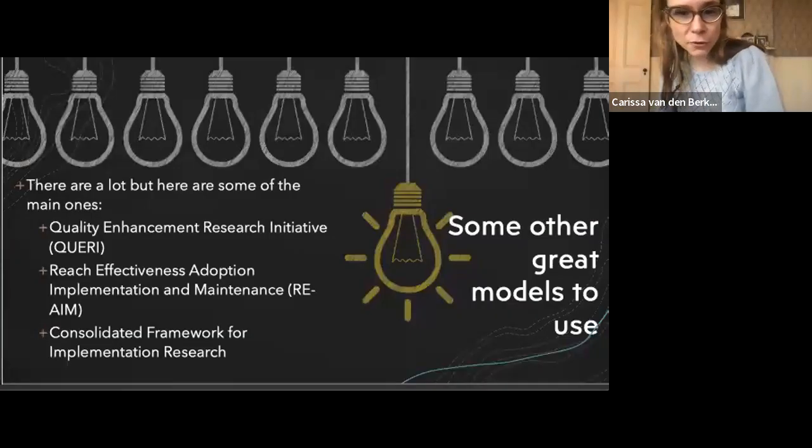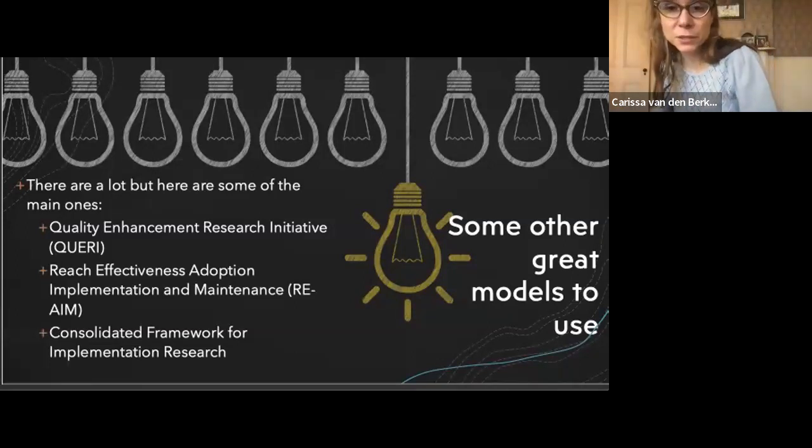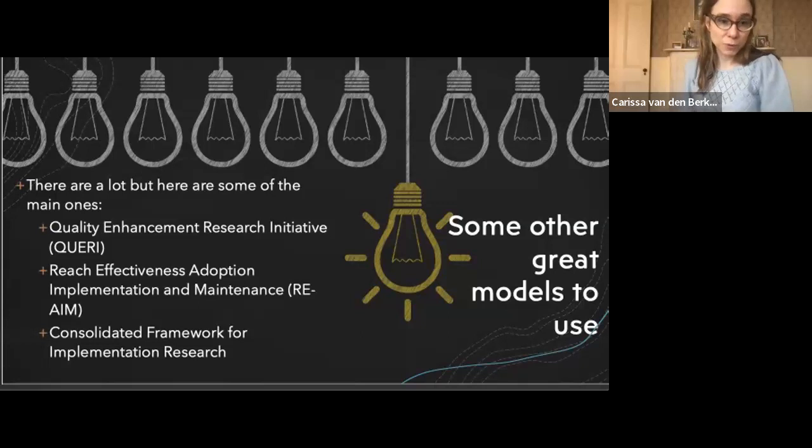So there are other models out there that are oftentimes used in health settings that I'm going to talk a little bit more about, that I really encourage you, especially if you get into more health administrative work, or if you're a medical director at some point, to really be aware of. The first one is the Quality Enhancement Research Initiative, which we refer to as QUERI. This came from the Veterans Health Administration.